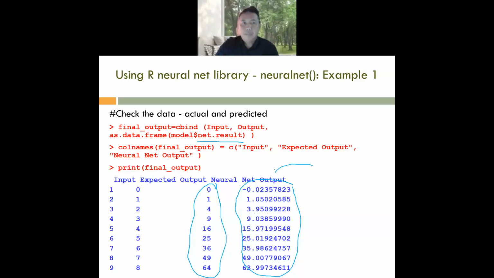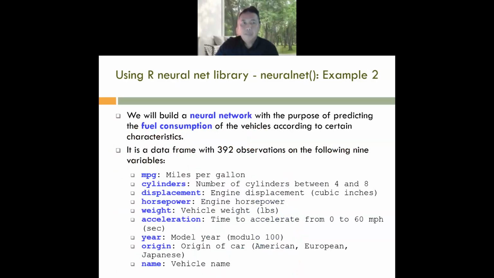So this is the result that we get. In order to measure how similar they are, we could use the mean square error. So we could compute the value. So this is for the regression.